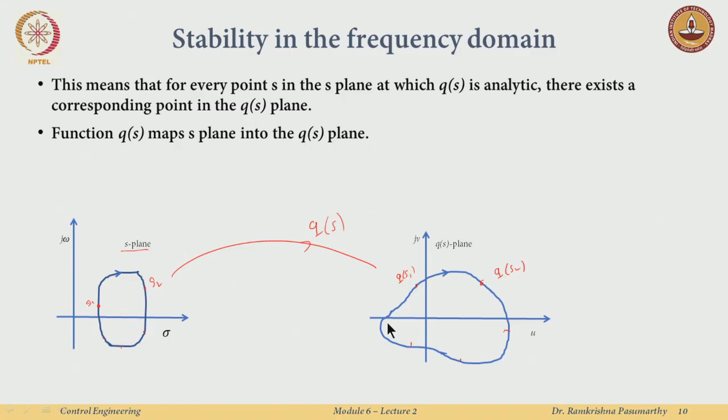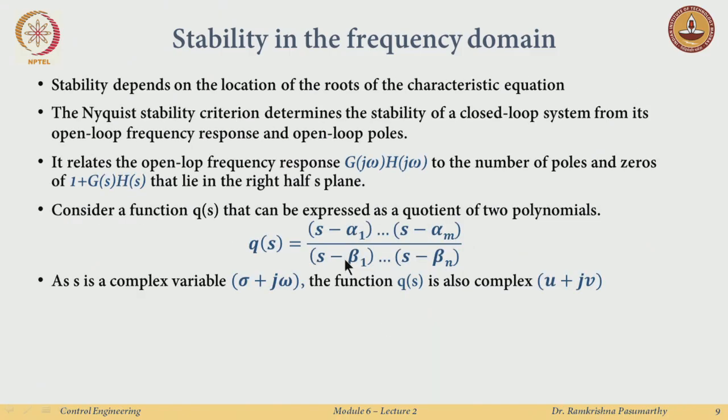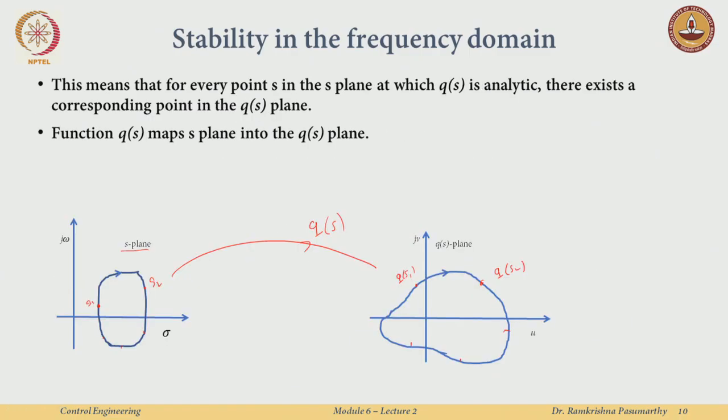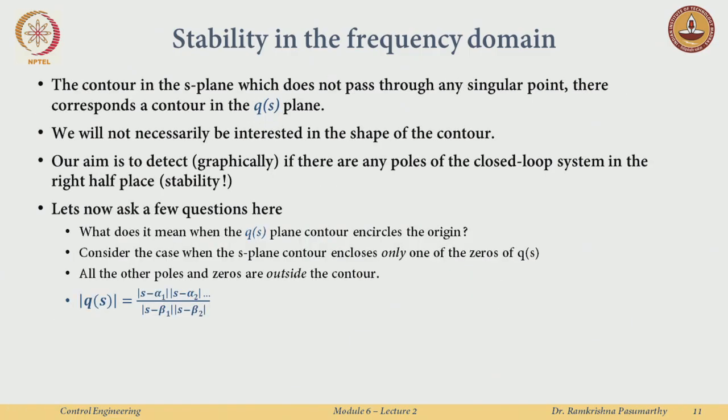I just have to make sure that I don't hit a point where S equals beta 1 or S equals beta 2, that is, I don't hit the poles, because at that point Q of S is not defined, but for all other points it is defined. We will not necessarily be interested in the shape of the contour. We'll just say there is a contour here which maps to a contour on the other side.